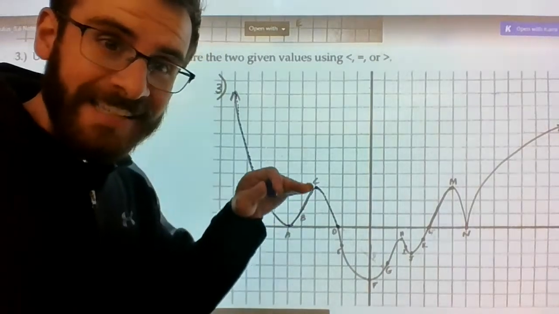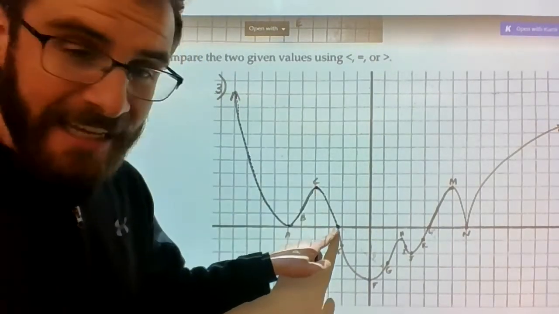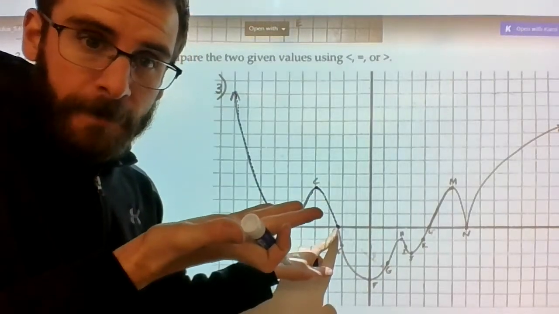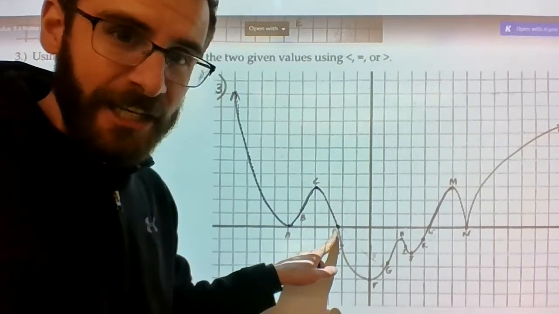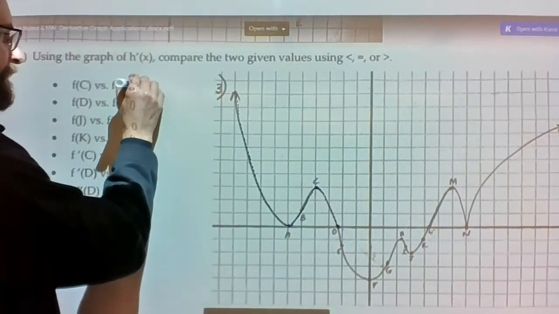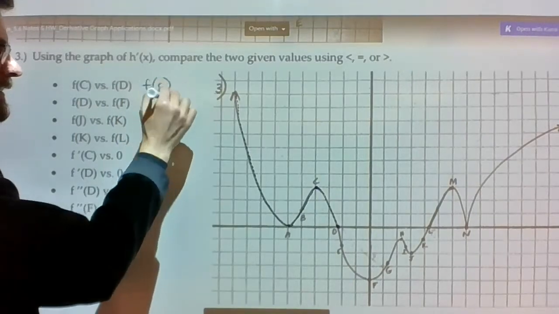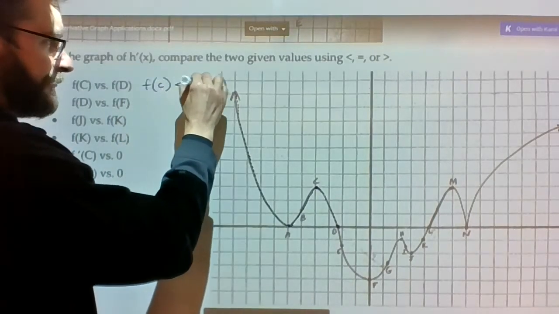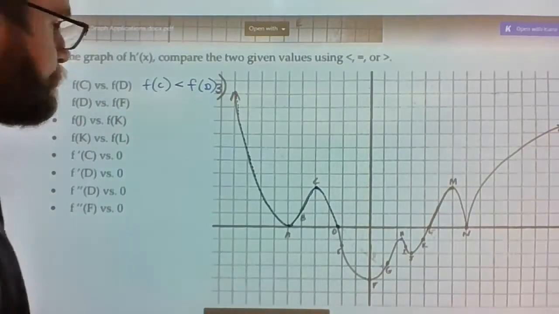Because I was above the x-axis the whole time. So from point C to point D, this derivative is still above the x-axis, which means the function's value continues to increase. So f of C is less than f of D because it keeps getting bigger to get to D.